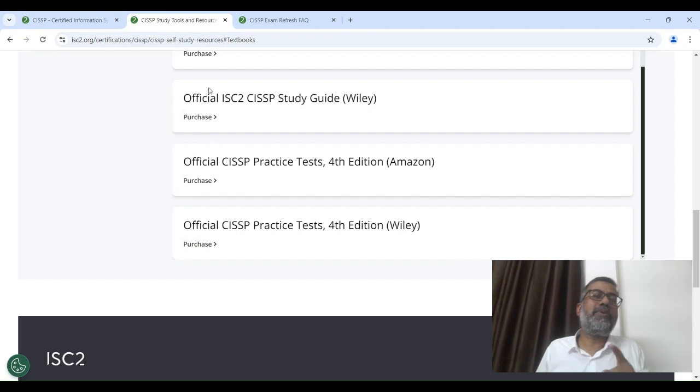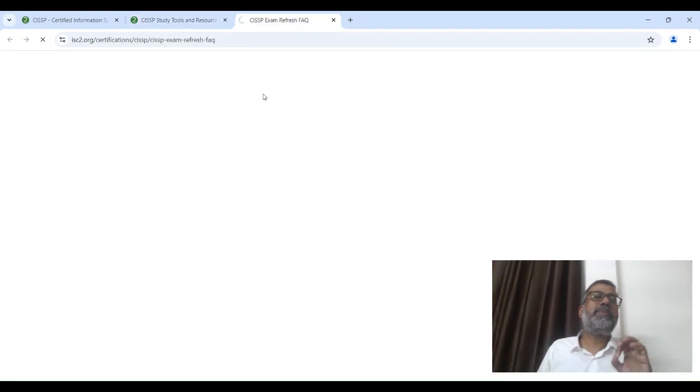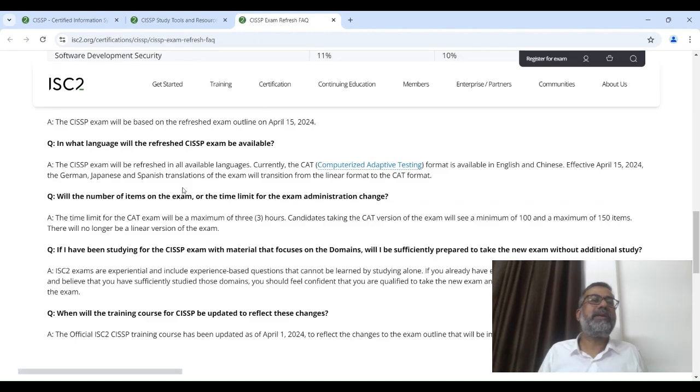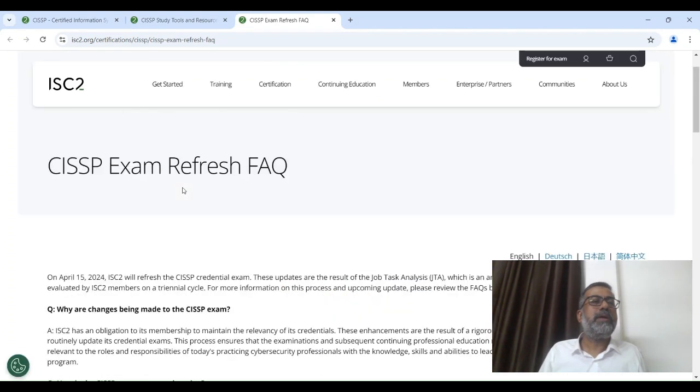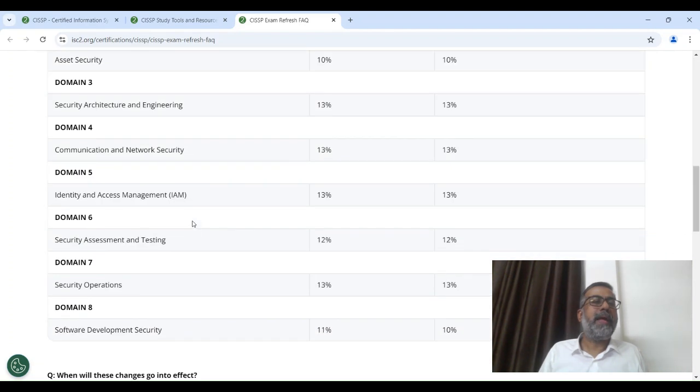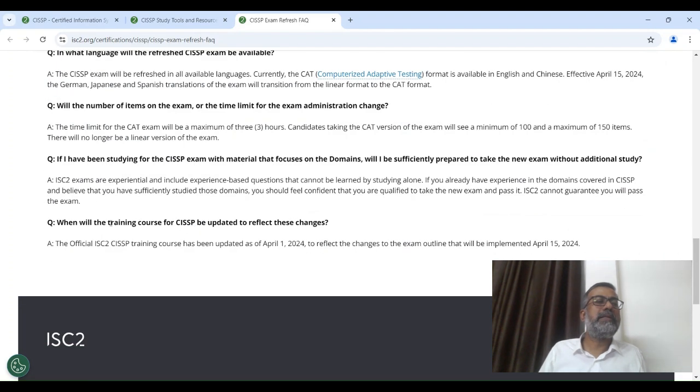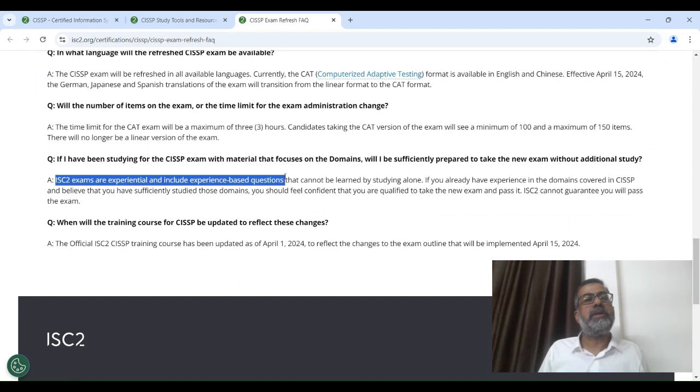One thing before I touch this, please see this CISSP exam refresh fact. This is the one I'm talking about. Here, if you look, it is written that ISC2 exams are experiential and include experience-based questions.